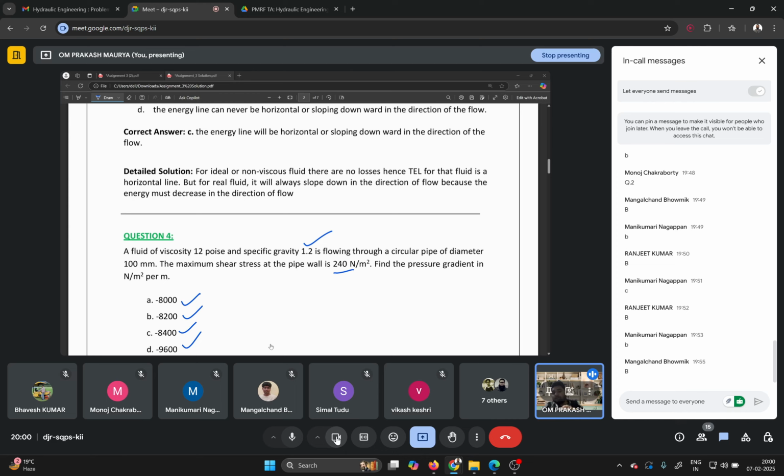So for question number 4, everyone please try to calculate, because I discussed the concept just a few minutes or you can say 1 hour back, the relation between your maximum shear stress and the pressure gradient.